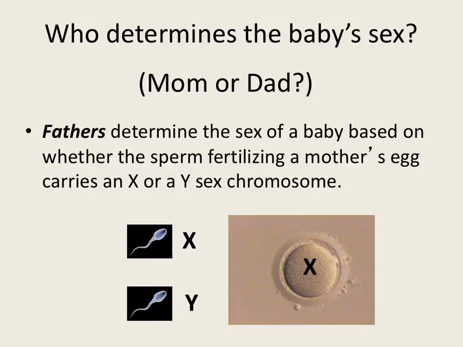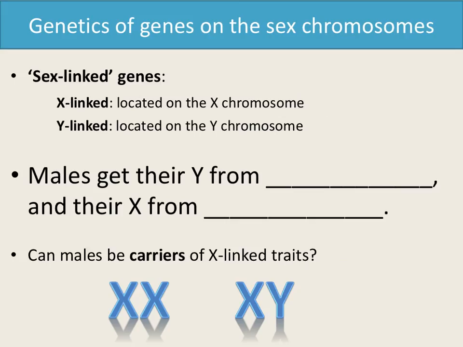If the dad donates an X, the baby is female. So males get their Y from who? Okay. And their X from mom.